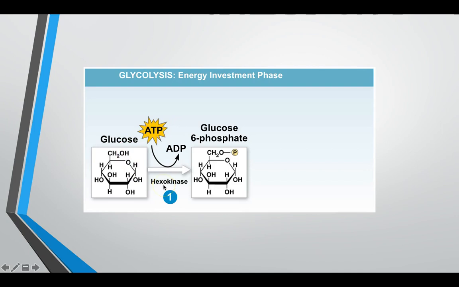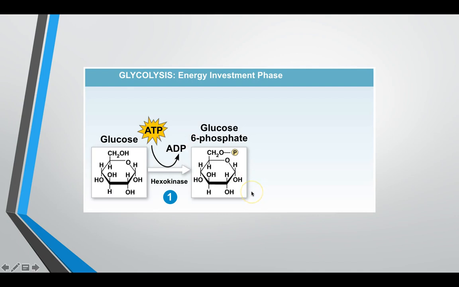The enzyme that helps with this reaction is hexokinase, because glucose is a hexose and kinases move phosphates from one molecule to another molecule. This is the first step, and this is also the first ATP molecule that will be used in the energy investment phase. So your first molecule is used of energy.